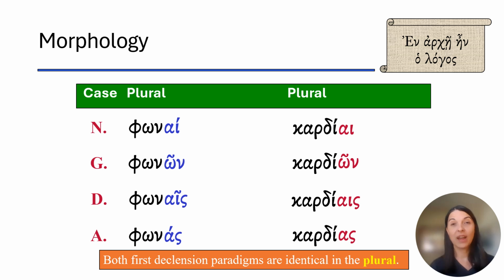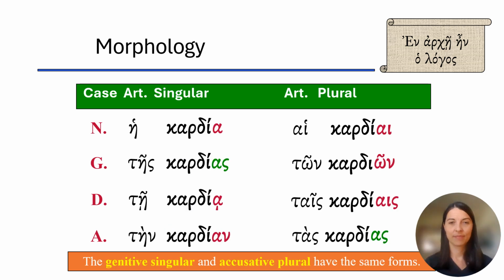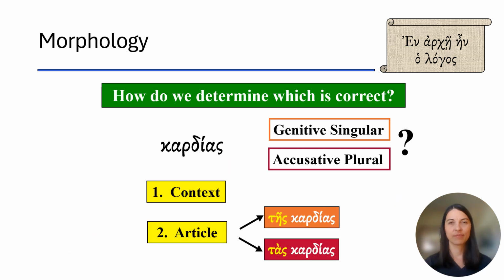In the plural, both of the morphologies are identical for eta patterns and alpha patterns, and so there's no worries about changes there. You have the ai, on, ais, as, all throughout the plural in the first declension. However, you may have noticed that the genitive singular and the accusative plural both end in the as. So how can you tell them apart? Well, there are two ways. First is context.